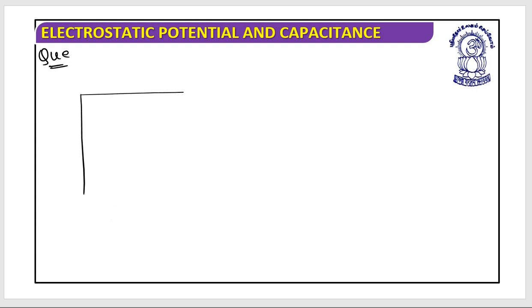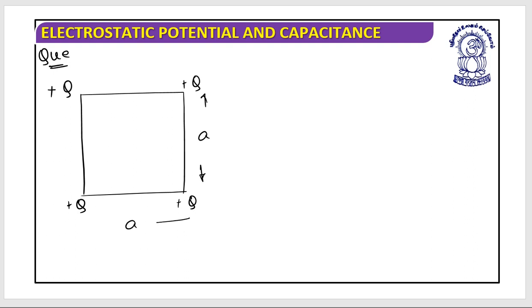Suppose a square is given, and on its corners a charge of plus q has been placed at each, and the separation between two adjacent charges is a.